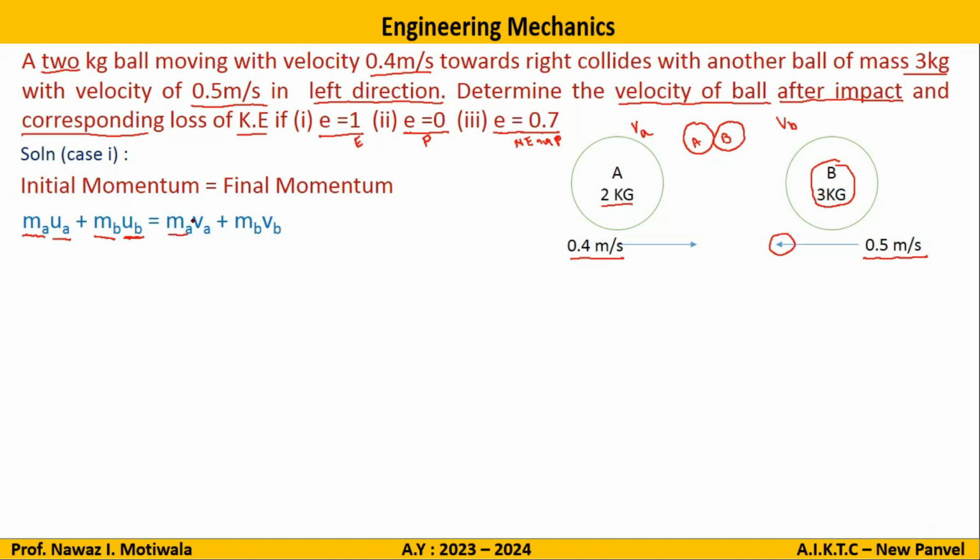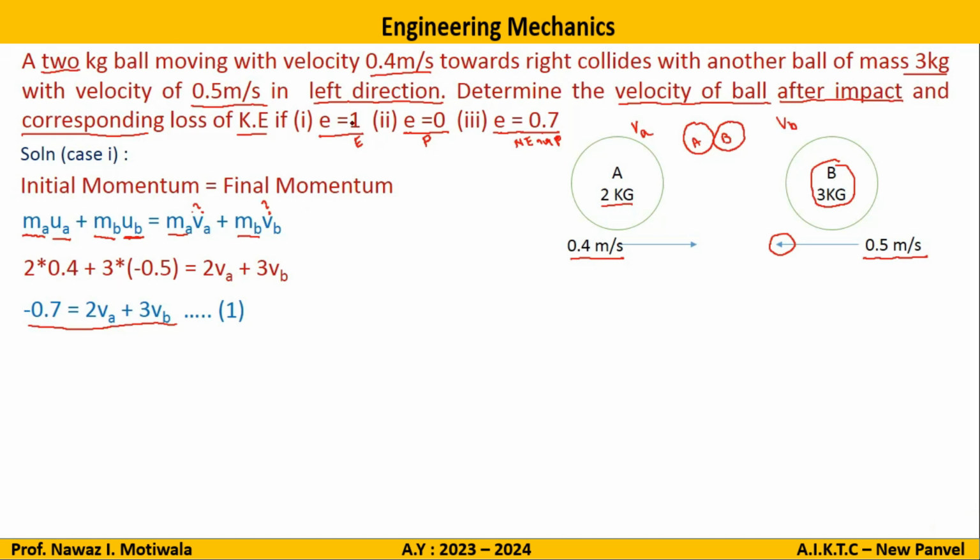MA again 2 kg, VA we are required to find out, so it is not there with us. MB 3 kg and VB we are required to find out. So let us substitute the known values, and we get one equation as minus 0.7 is equal to 2VA plus 3VB, and let us say this is equation number 1. Now in the question we are also given e is equal to 1, that means the coefficient of restitution value is given.